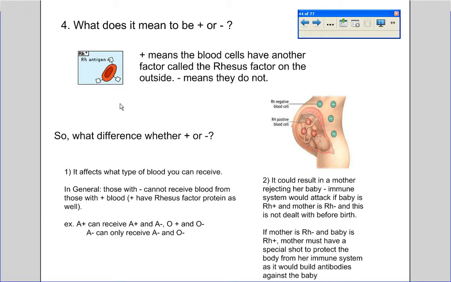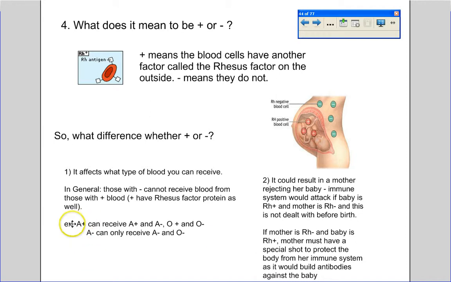But if you're negative, then you would not be able to get positive blood from someone. Because if you got positive blood, then your body would say, oh no, there's extra things sticking out on those blood cells. I need to attack it. Okay, so if you are a negative blood type, then you cannot receive positive. But if you're positive, you can receive both negative or positive.